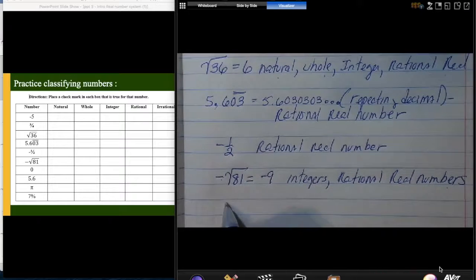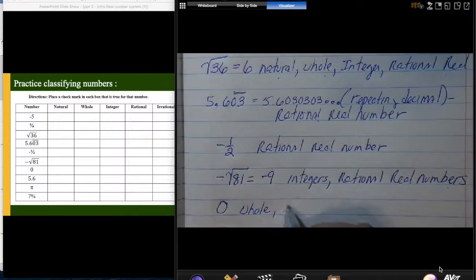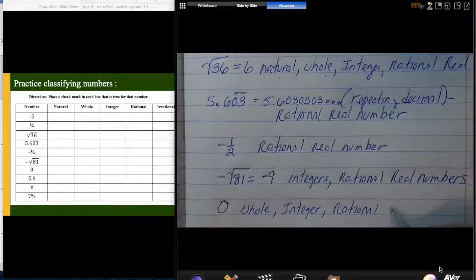The next number is 0. Now 0 starts with whole numbers. So it is a whole number. It is an integer. It is rational, real number.